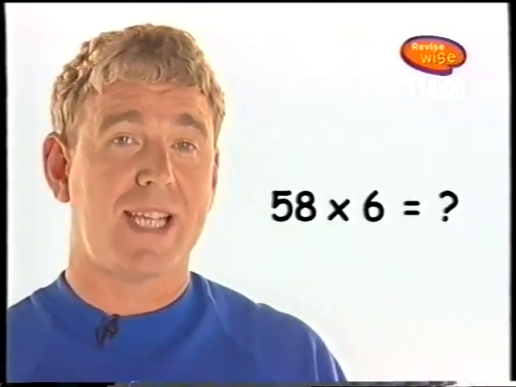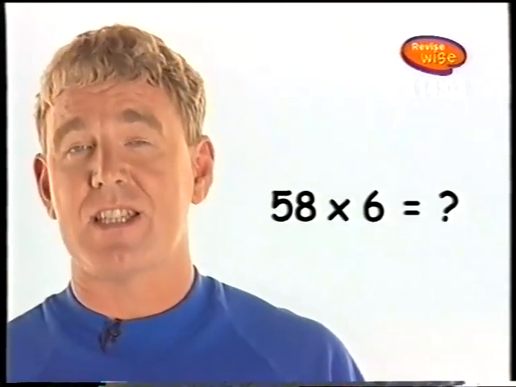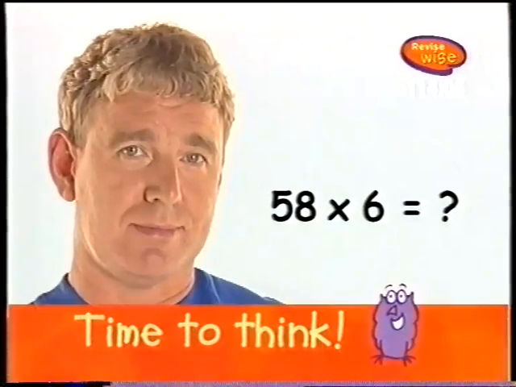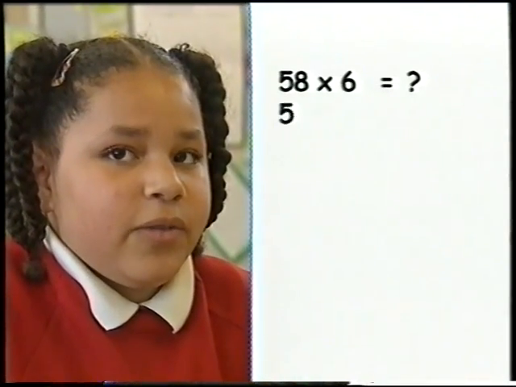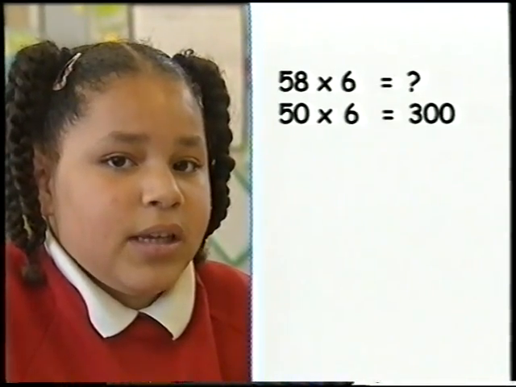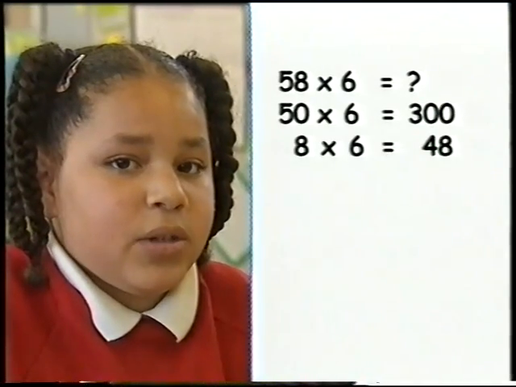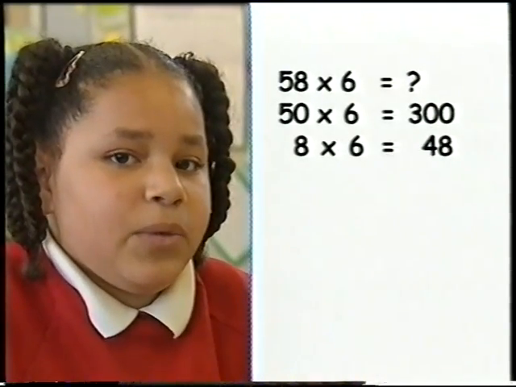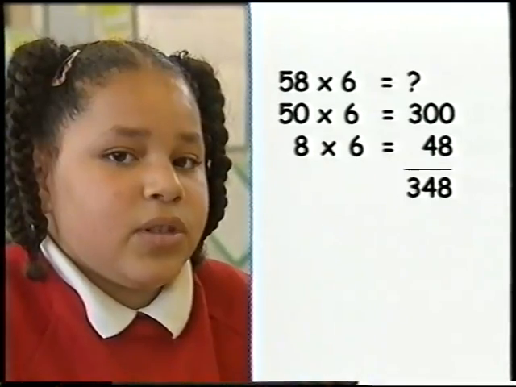What about multiplication? Try 58 times 6. This is how I would work out 58 times 6. I do 50 times 6 is 300, then 8 times 6 is 48, and add it together, which would equal 348.